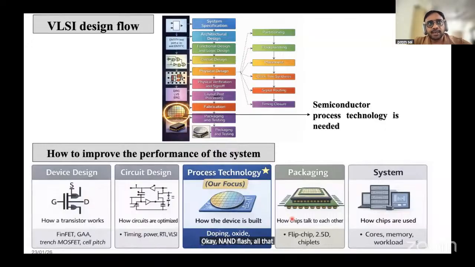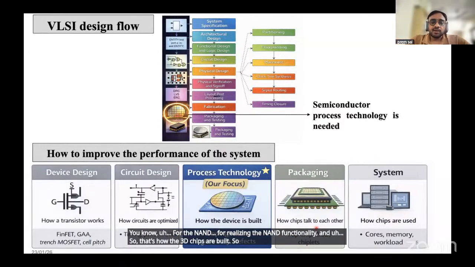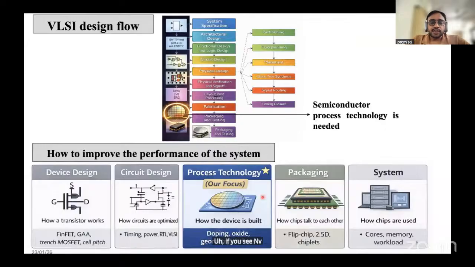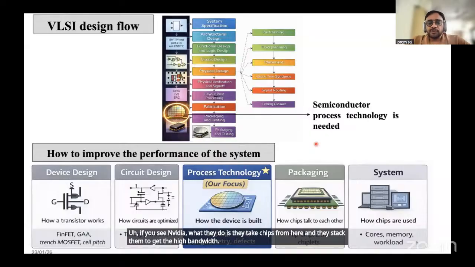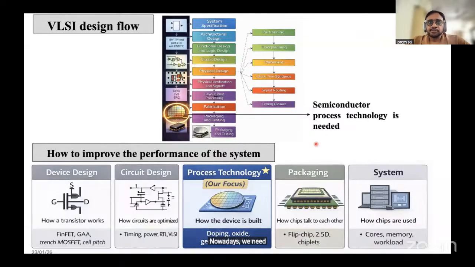So they arrange them in a 3D manner, around 232 layers for realizing the NAND functionality. That's how the 3D chips are built. Similarly, if you see NVIDIA, they take chips from here and they stack them to get high bandwidth. Nowadays, we need high bandwidth, right? So we want it to be faster, all that.